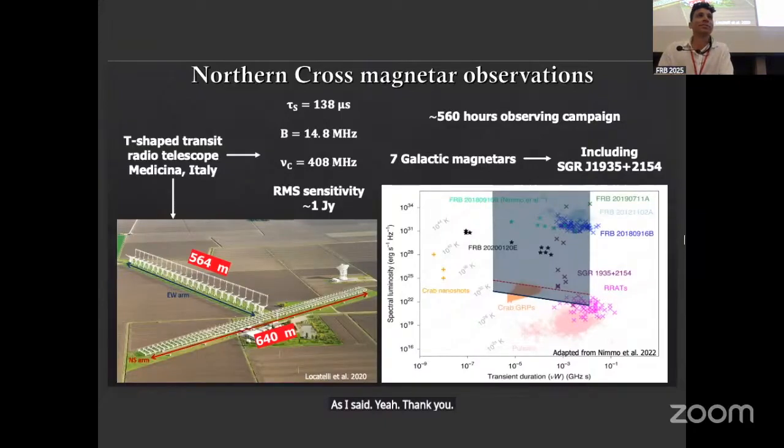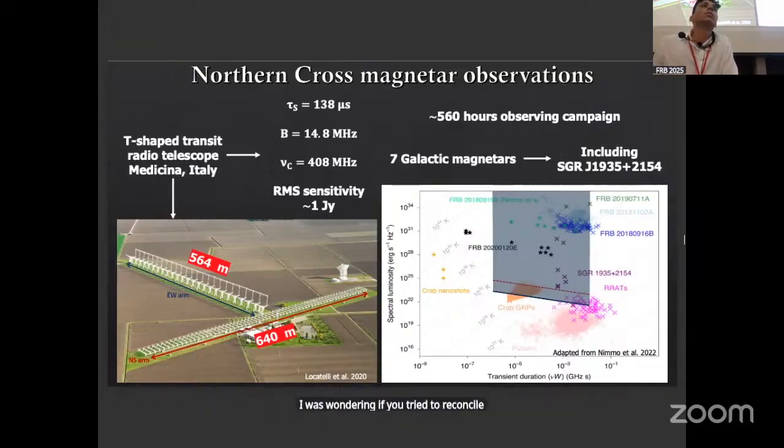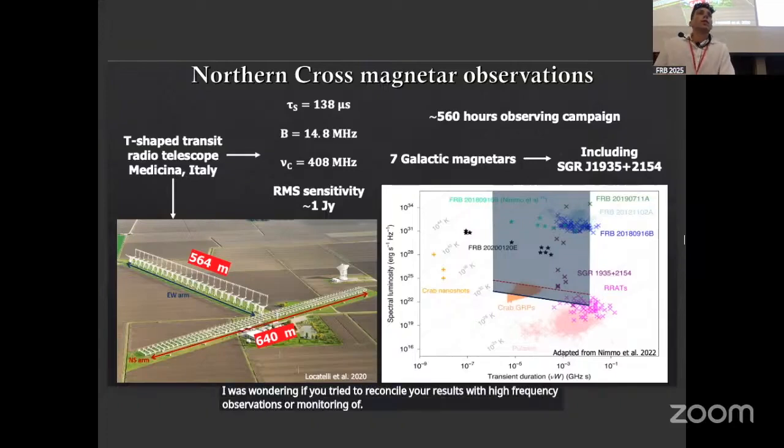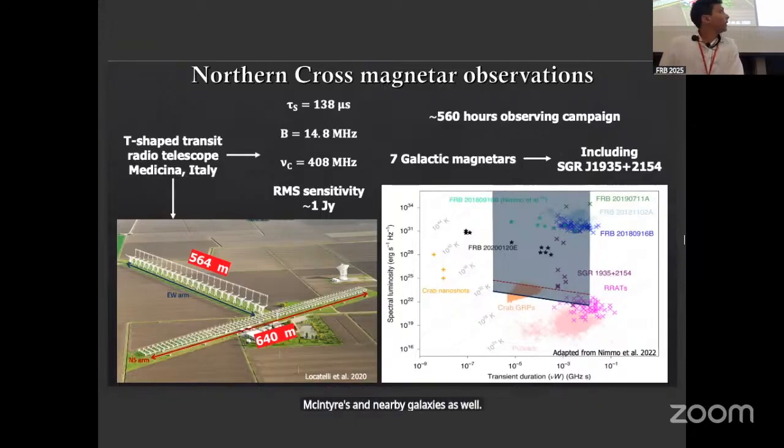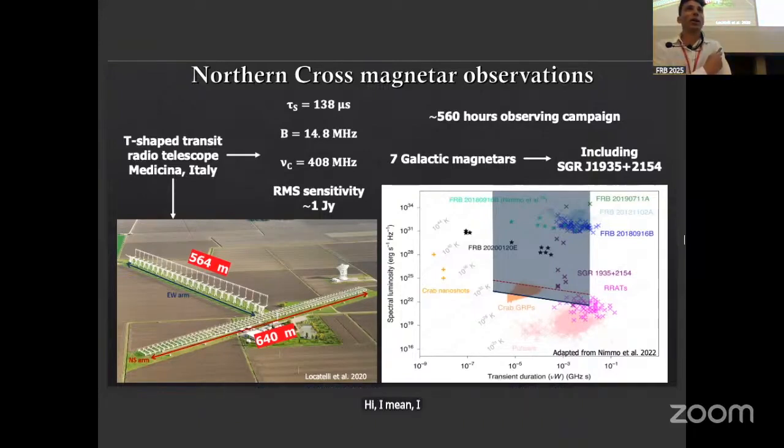Thank you. Miles Sherman from Caltech. This is kind of a follow-up question, but I was wondering if you tried to reconcile your results with high frequency observations or monitoring of magnetars and nearby galaxies as well. With respect to high energy observations, unfortunately, our 7 magnetars were not active at higher energies during our campaign.